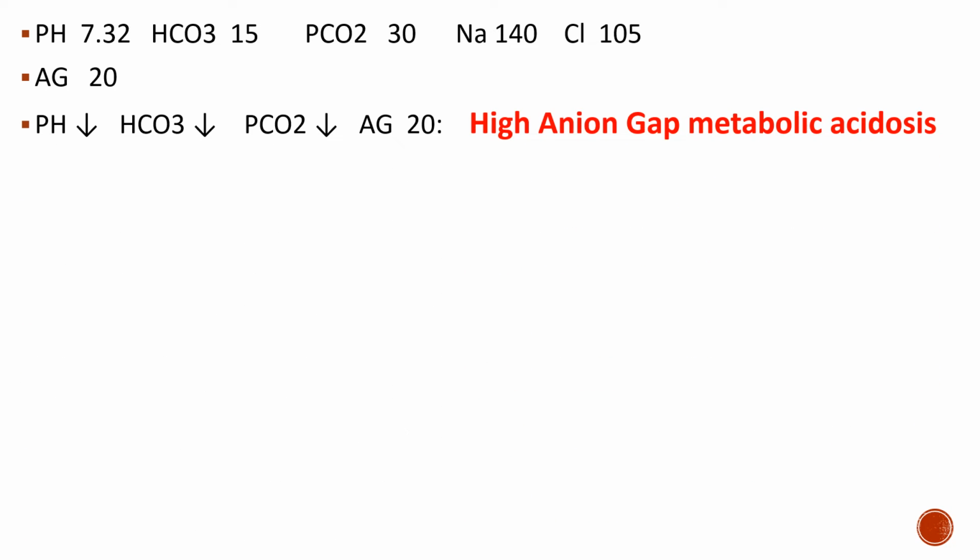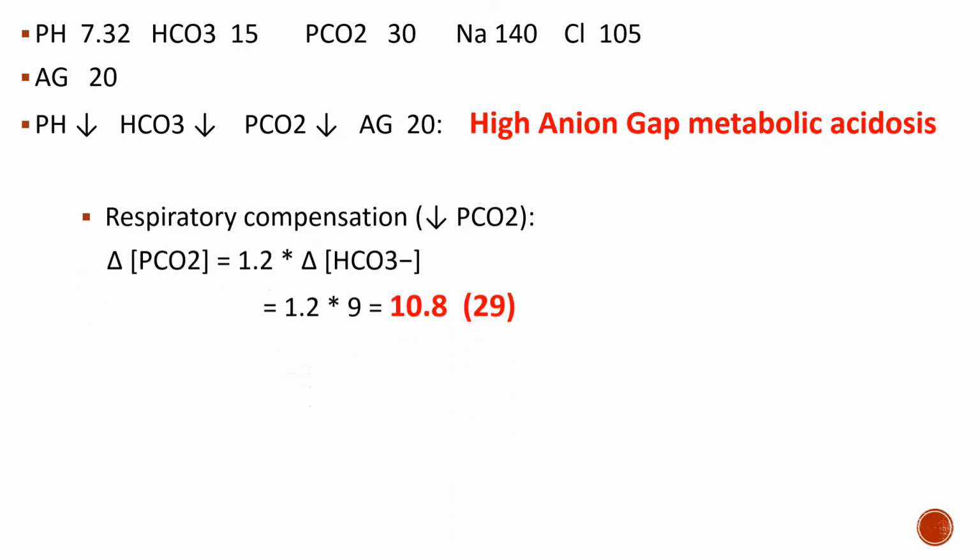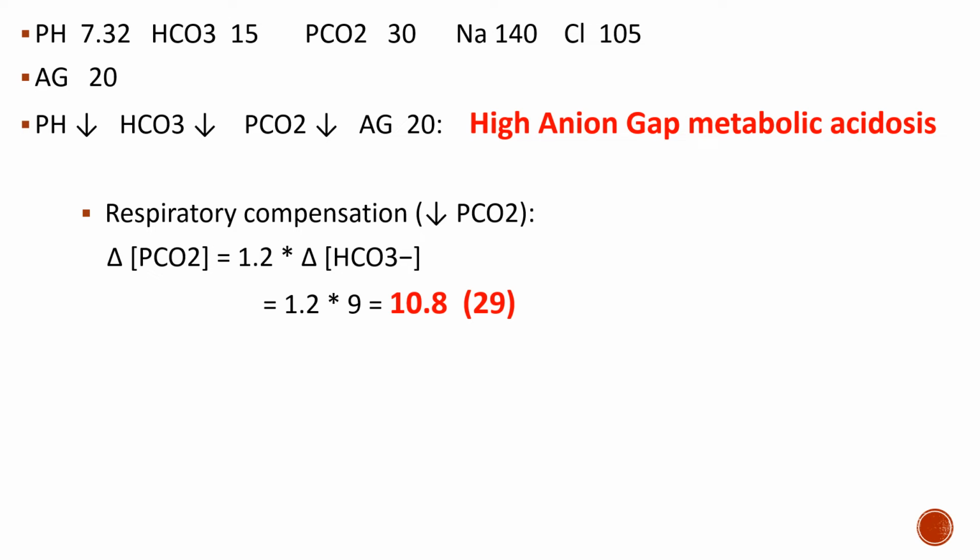Okay. The next step is to look for the respiratory compensation. What do you expect for CO2? We expect CO2 to decrease. What is the amount of reduction? The delta CO2 equals, from the previous table, 1.2 by delta bicarbonate. We calculate delta bicarbonate from the median value, which is 24.